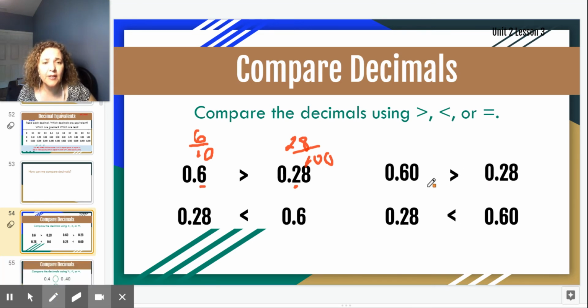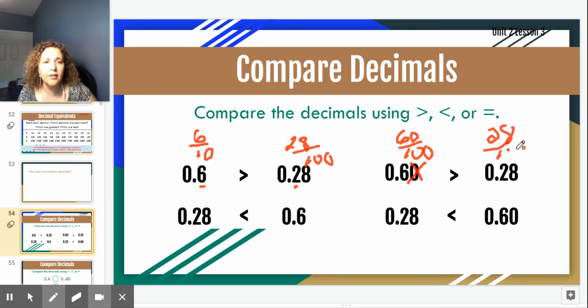Now let's look at this one. It's the same thing, right? Because remember I told you it doesn't matter how many zeros you add. I can ignore that zero. It's still my 6 tenths and it's still my 28 hundredths. This is still bigger, right? Or think of it this way: if I want to leave it, I could put 60 out of 100, or 28 out of 100. Which one's bigger?